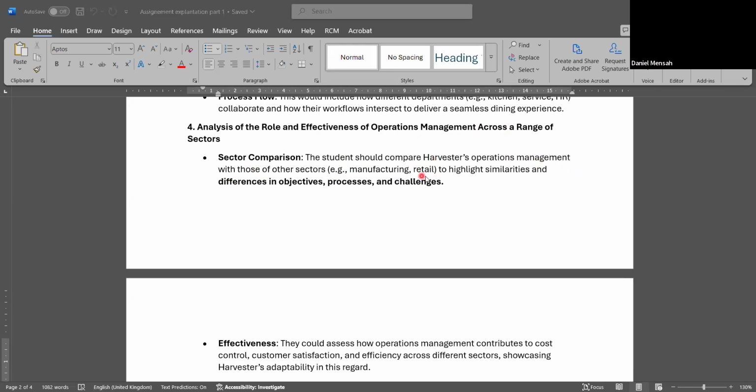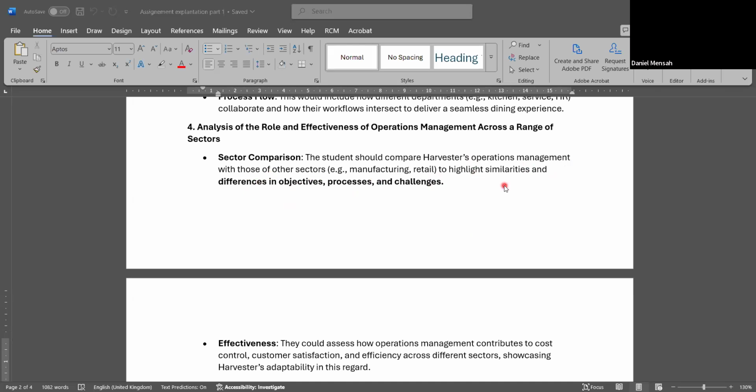It could be manufacturing or retail. So you can discuss operation management in the restaurant industry, then operation management in the manufacturing industry, for example, and then the retail industry. So you can discuss 2 to 3 sectors, okay, to highlight the similarities and differences.